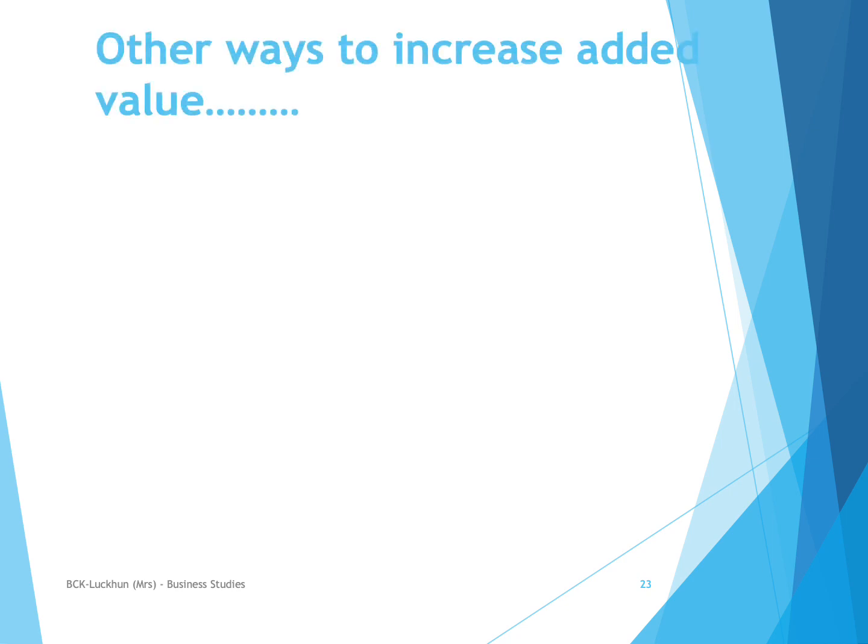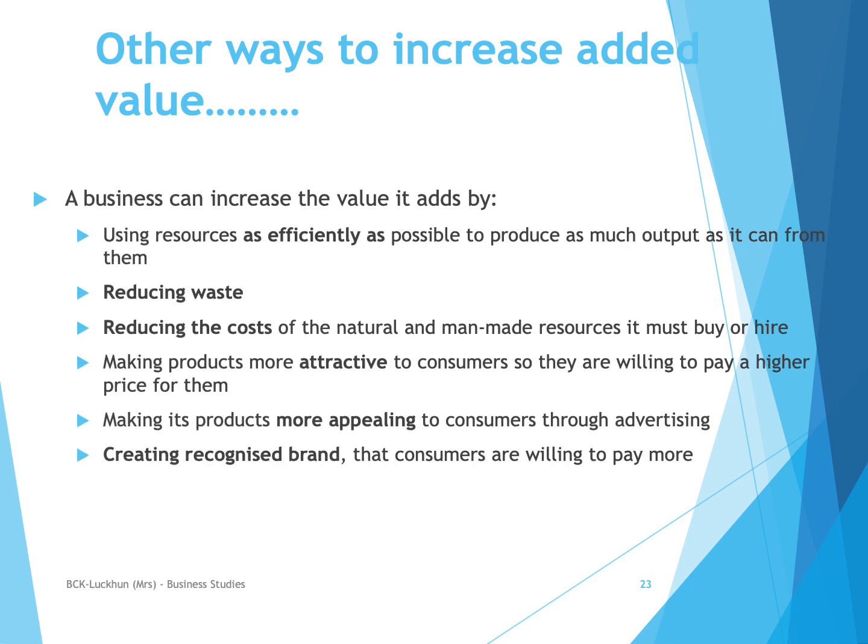Next, we move on to other ways to increase added value. So firstly, what can businesses do? They can use resources as efficiently as possible to produce as much output as they can from them. Secondly, they can reduce waste. Thirdly, by reducing the cost of the natural and man-made resources they must buy or hire.